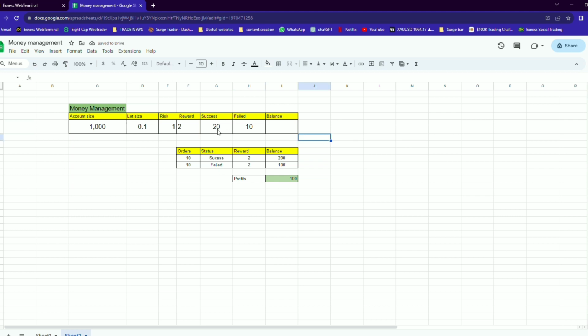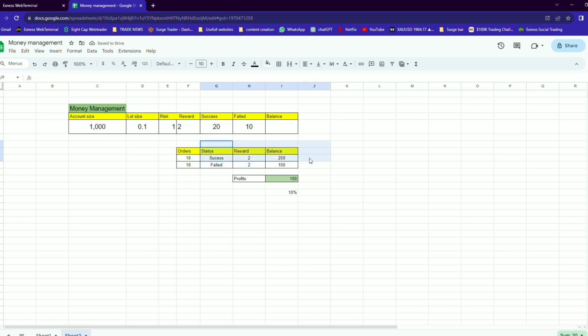Now in this scenario, this $1,000 account will end up, with 10 good orders and 10 bad orders, with 100. So within 20 orders you still make 100, and 100 is 10% of your entire account.